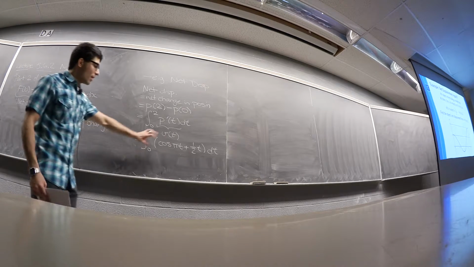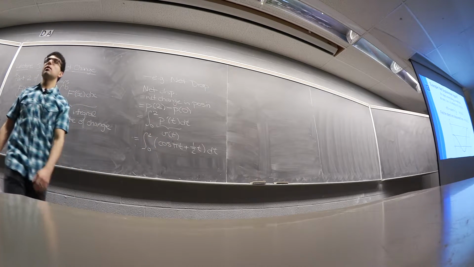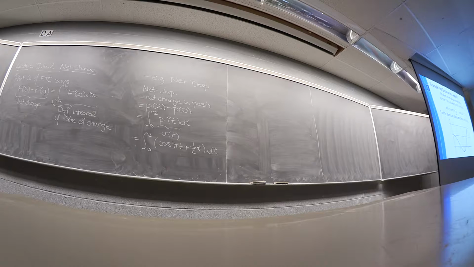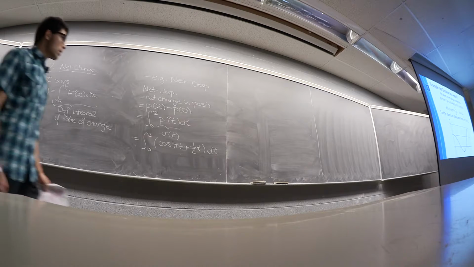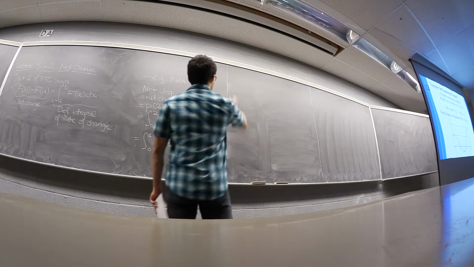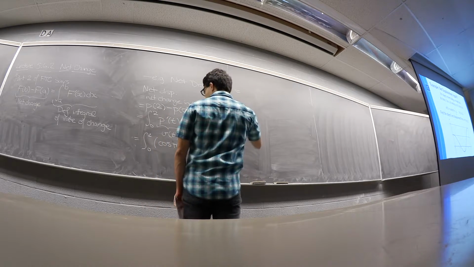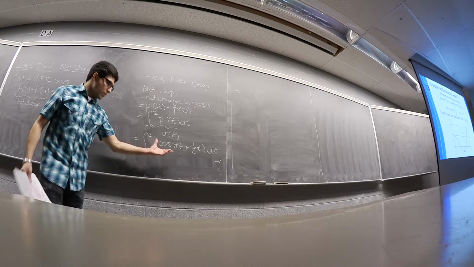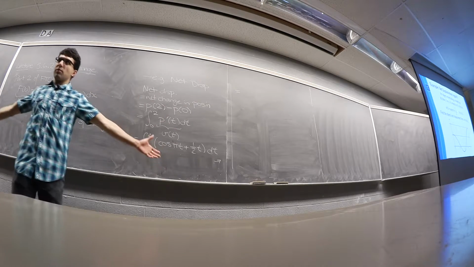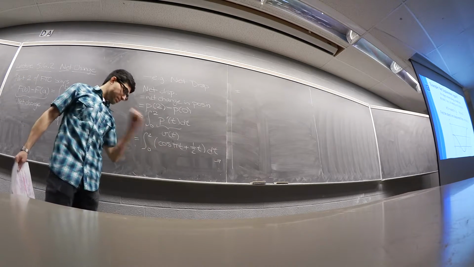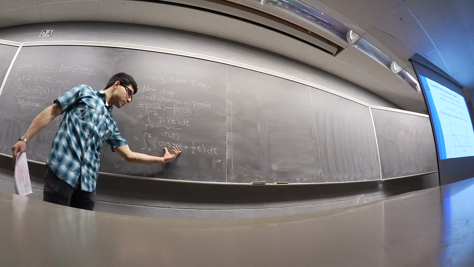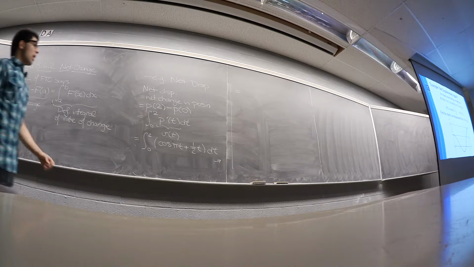Always check, is this guy continuous on this interval? Yes, it's continuous everywhere. So we can do our usual thing. We want an antiderivative of this thing. Again, you can break up sums and differences, and you can pull out constants. What's an antiderivative of this? Sine is good.